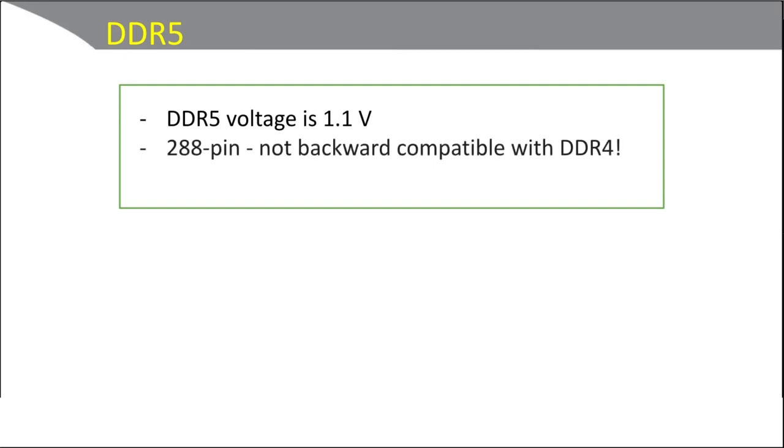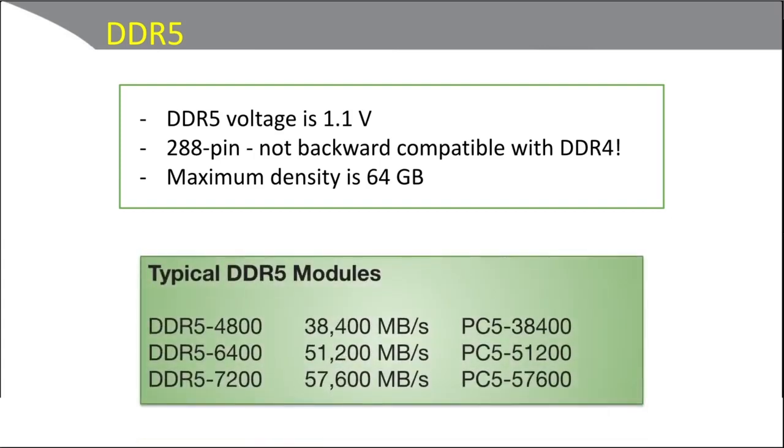Like DDR4, it has 288 pins, but there are physical differences between the two, so DDR5 is not backward compatible with DDR4. The maximum density of a DDR5 module is 64 gigabytes compared to DDR4's 16 gigabytes. Here we have some typical DDR5 modules.